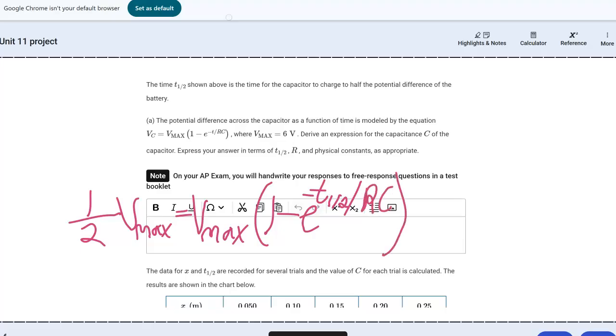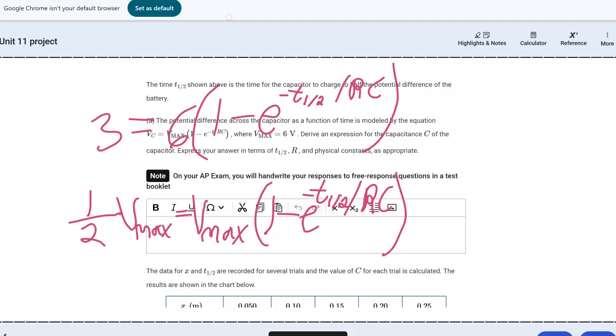So now we're going to plug in T 1/2 for that. So we're going to have VC equals Vmax times 1 minus e to the negative T 1/2 over RC.